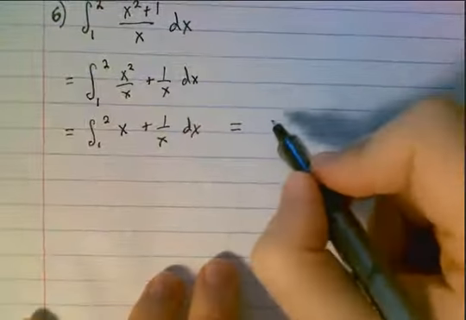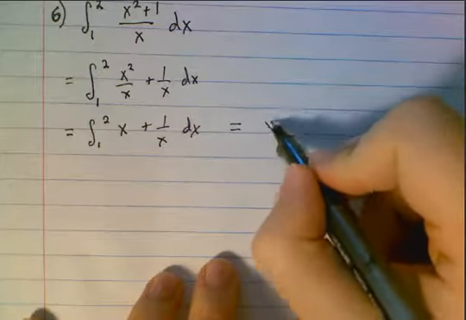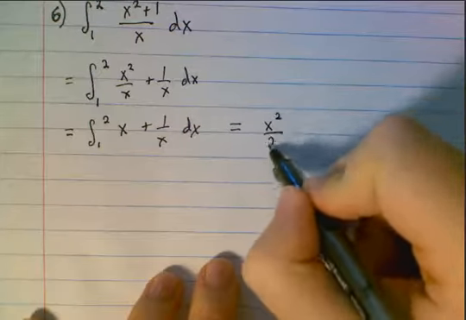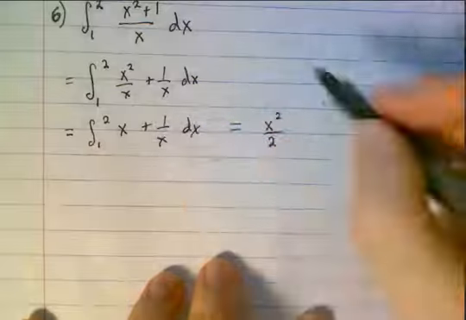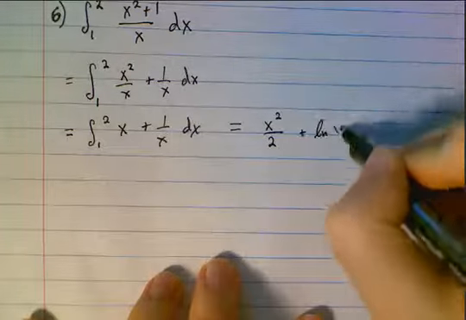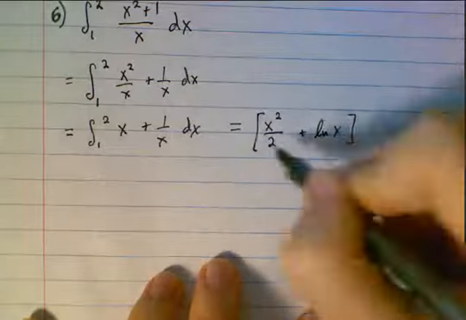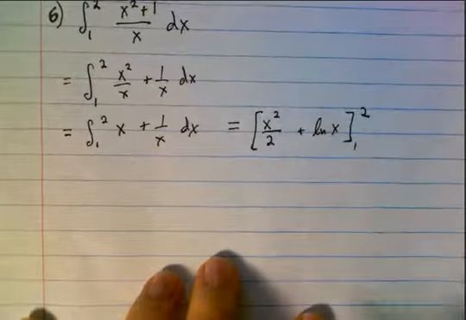If we take that antiderivative, we get x squared, add 1 to the exponent, divided by 2. Then you just have to remember, the antiderivative of 1 over x is the natural log of x. We're going from 1 to 2.